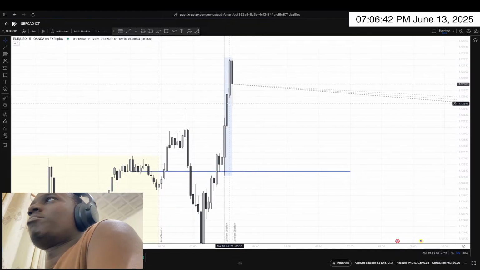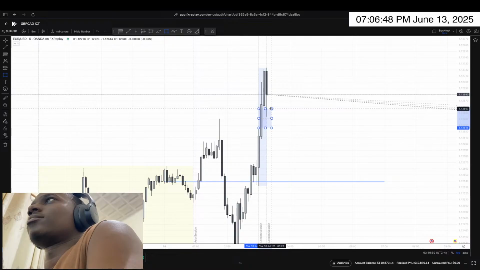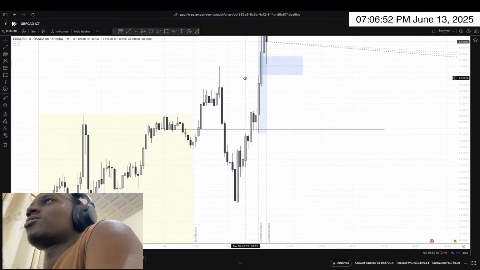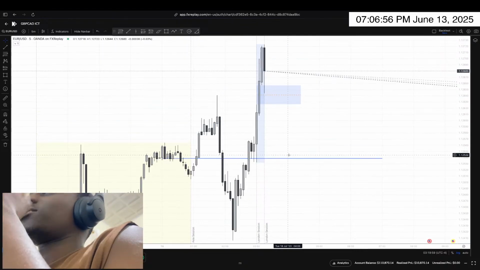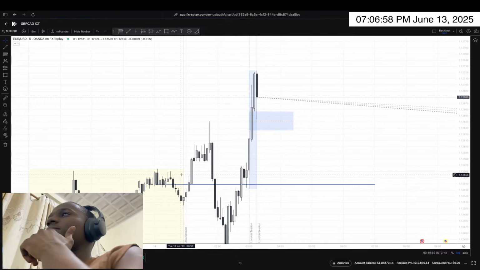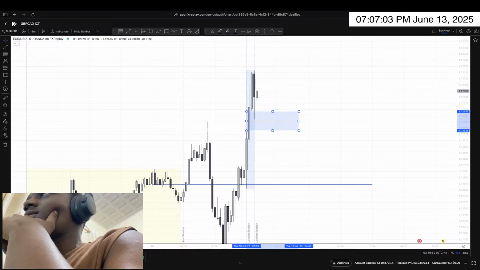We pierce into this gap here. What I think this shows us is that we might have a Judas swing to the upside. But let's see how the market reacts to this. I'm not going to take this trade. Just wait a bit.